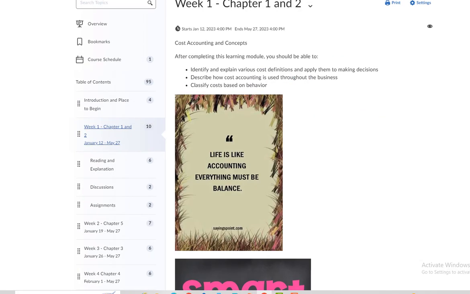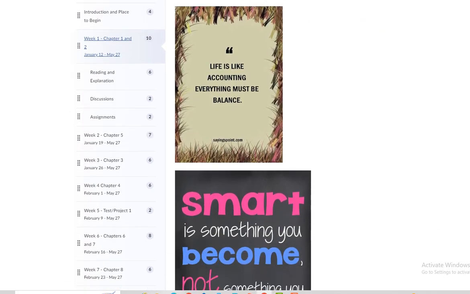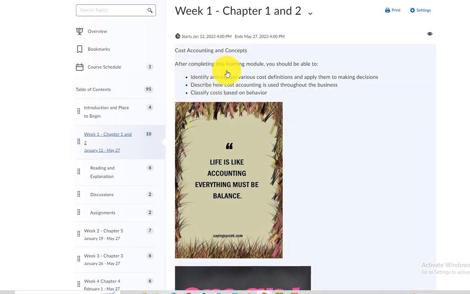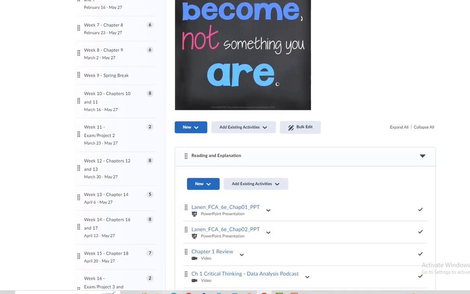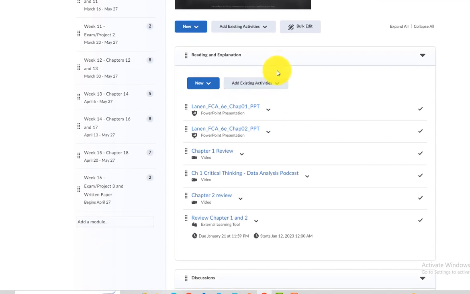So just a quick glimpse at our first learning module. We'll have some introductory material including learning objectives. You'll have a submodule called learning explanation. For the first learning module, we're covering 2 chapters this first week. So there's PowerPoint slides for 2 chapters.